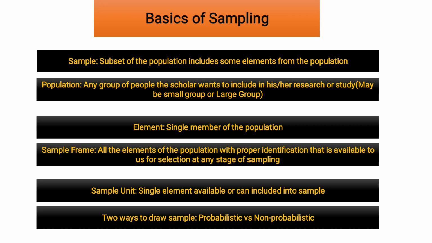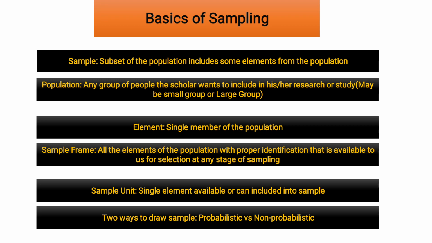To conduct probabilistic sampling, you must have the sample frame. Without a sample frame you cannot go for probabilistic sampling. It means you should have all the identification or names to draw the sample. To draw a probabilistic sample you can follow the lottery method, which is a very traditional method used by researchers.